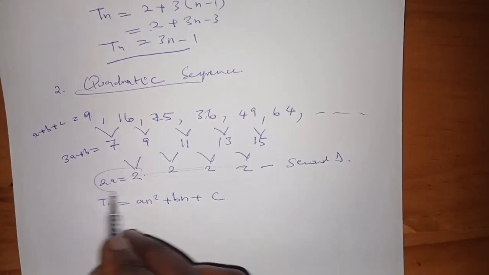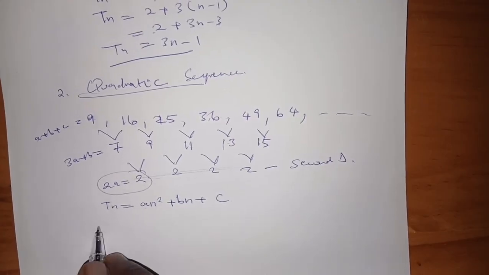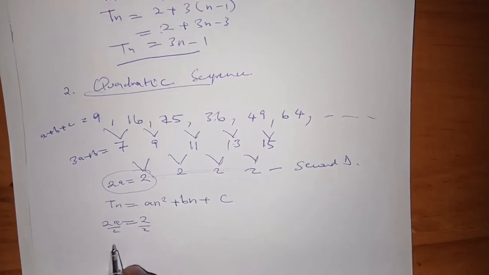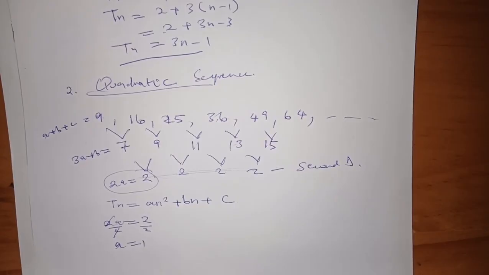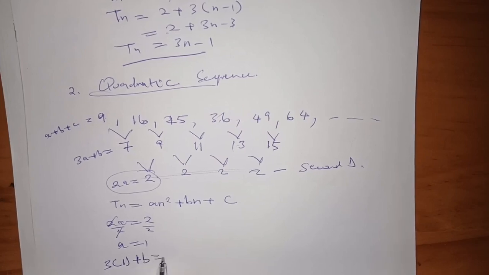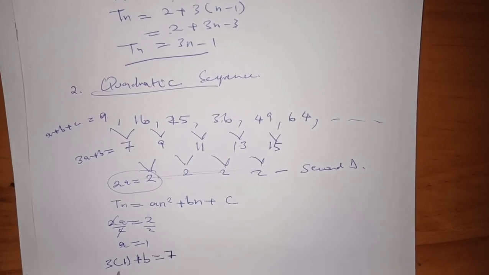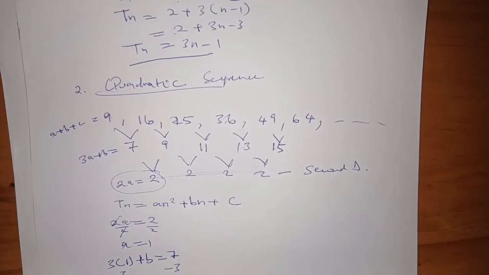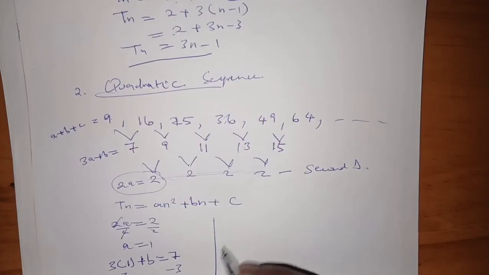Now solve this. 2a equals 2, divide by 2 on both sides, then your a is 1. Next, 3 times 1 plus b equals 7, so b is 7 minus 3, which is 4.